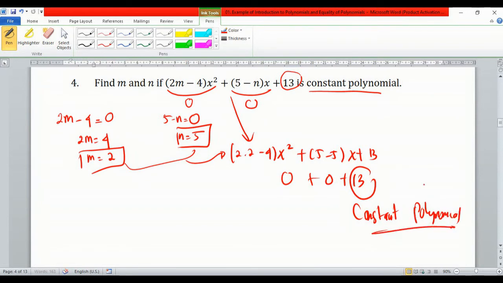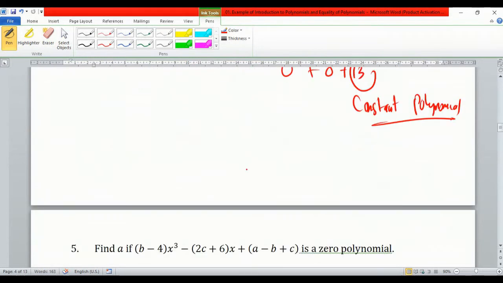everyone. Remember that you need to make all the coefficients of the variable 0, and you will get the constant polynomial. How about this example?